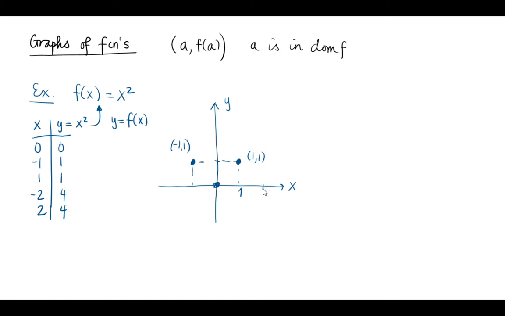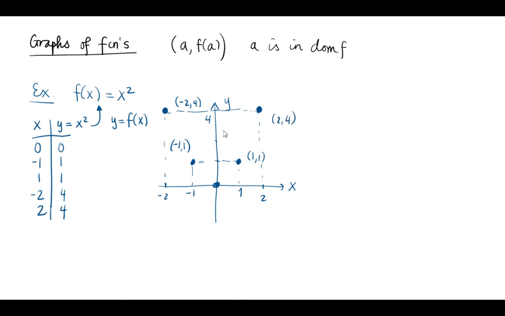And then we have 2 here, which goes with 4. For -2, we have the same y coordinate, which is simply 4. So this point is -2, 4, and this is 2, 4.